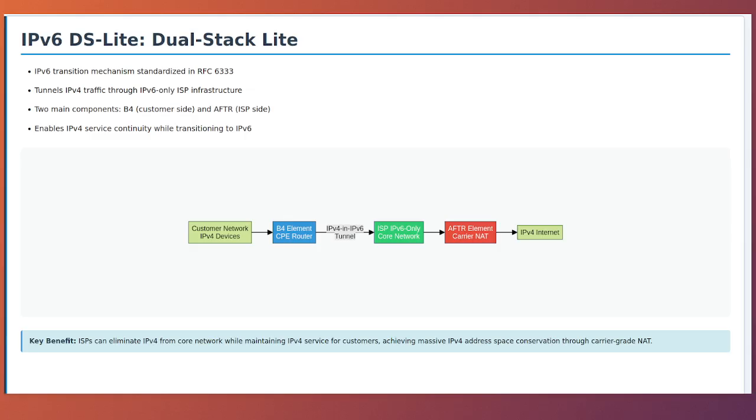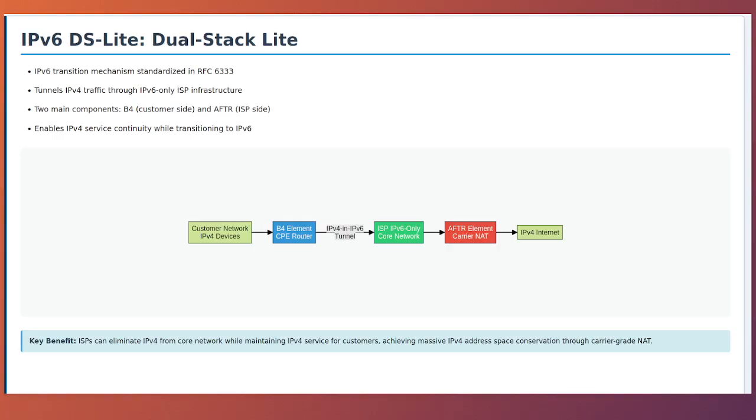Today we're diving into DS-Lite, which stands for Dual Stack Lite. This is a fascinating IPv6 transition mechanism that was standardized in RFC 6333 back in 2011. DS-Lite represents one of the most elegant solutions to a fundamental problem that ISPs face.